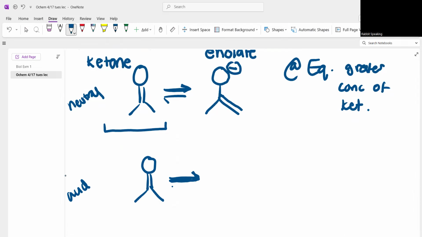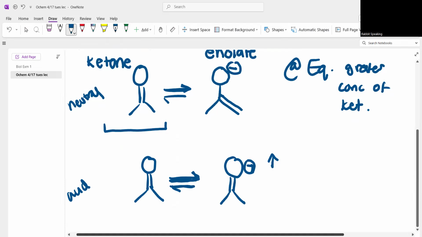And so to drive your reaction, you will have an enolate here, and we have more of it. But remember, overall, our reaction still favors our ketone form. And this is acidic conditions. You can also do this in basic conditions.